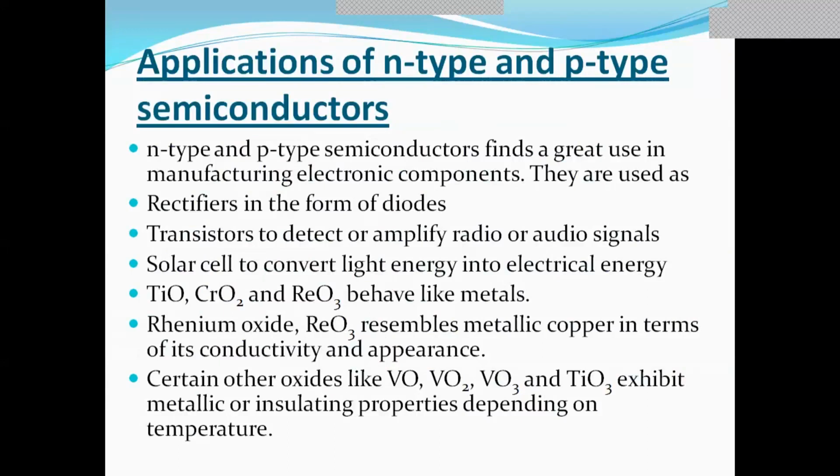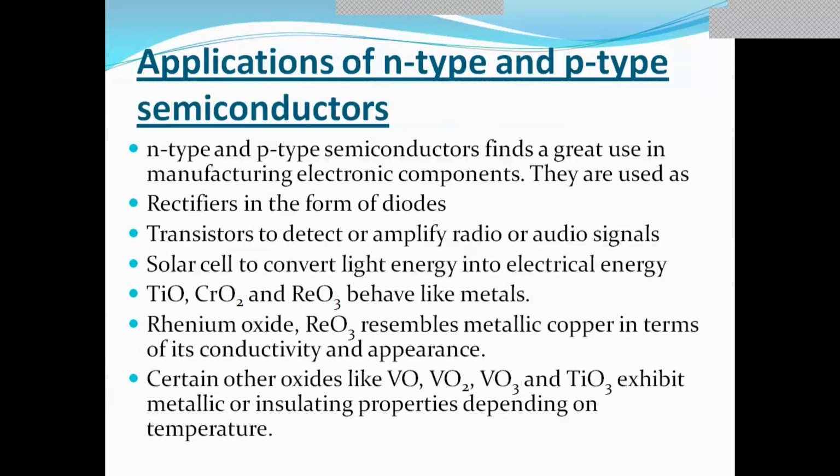They are used as transistors to detect or to amplify radio signals or audio signals. And even in solar cells, where electric energy is made from light energy, semiconductors are used.